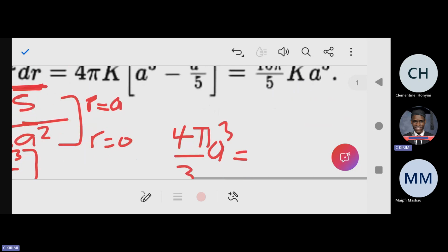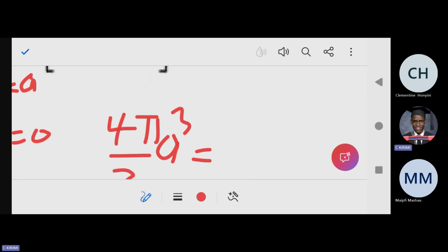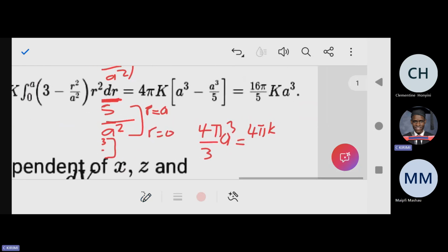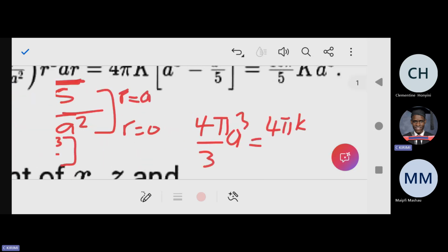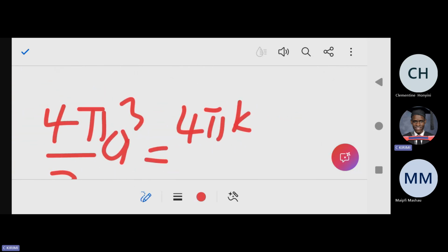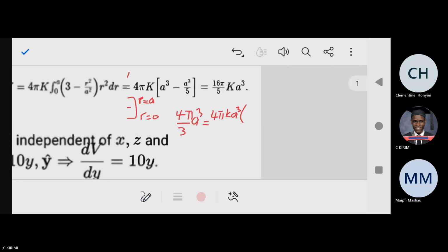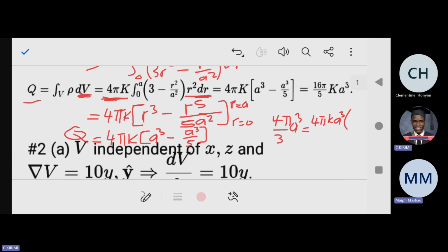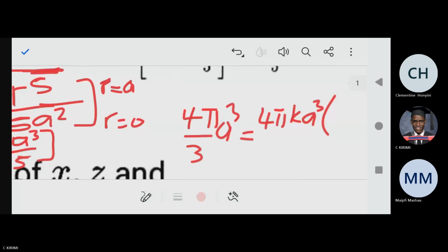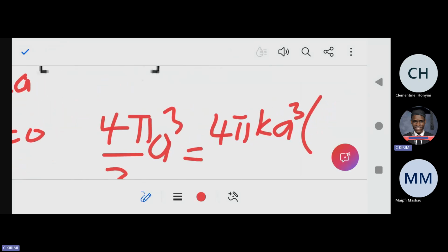So on the right hand side we have 4 pi k, and if we factor out a cubed, which is common, we get 4 pi a cubed, then bracket 1 minus 1 over 5.